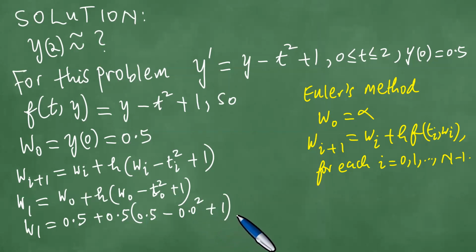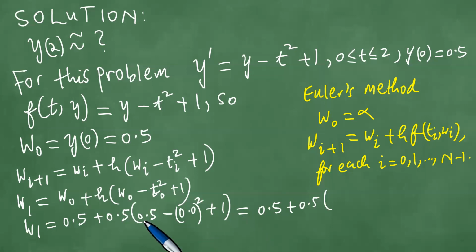With this said, you can simplify this and write 0.5 plus 0.5 times, in parentheses, 0.5 minus 0 plus 1.